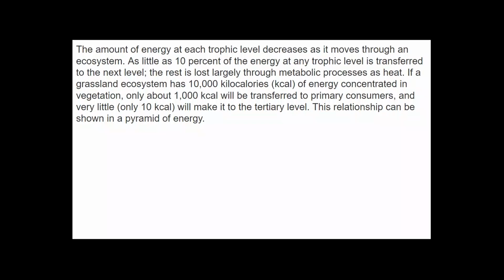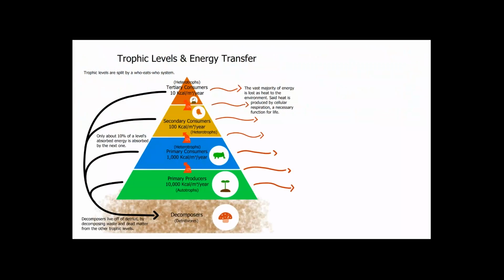And this relationship can be shown in a pyramid of energy. And this is a pyramid of energy. You have the units here, 10,000 followed by 1,000 followed by 100 followed by 10. And at each trophic level, energy is lost as respiration and heat.